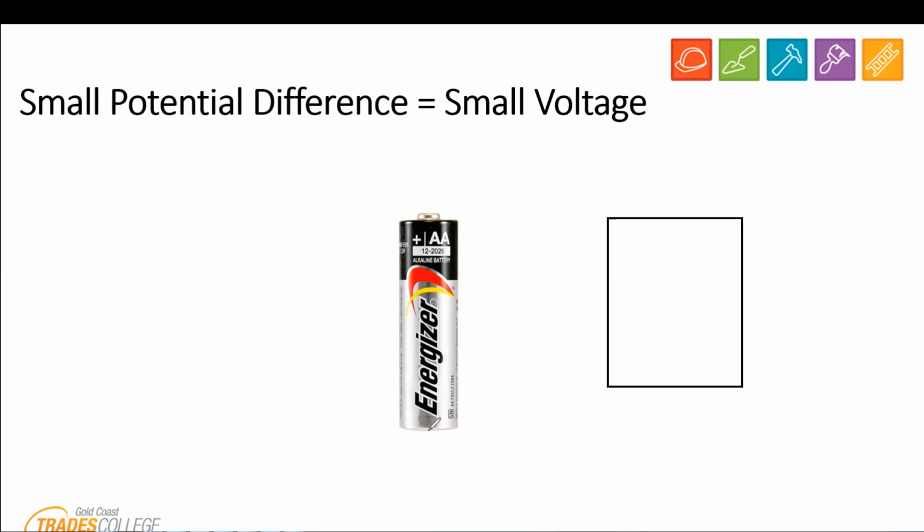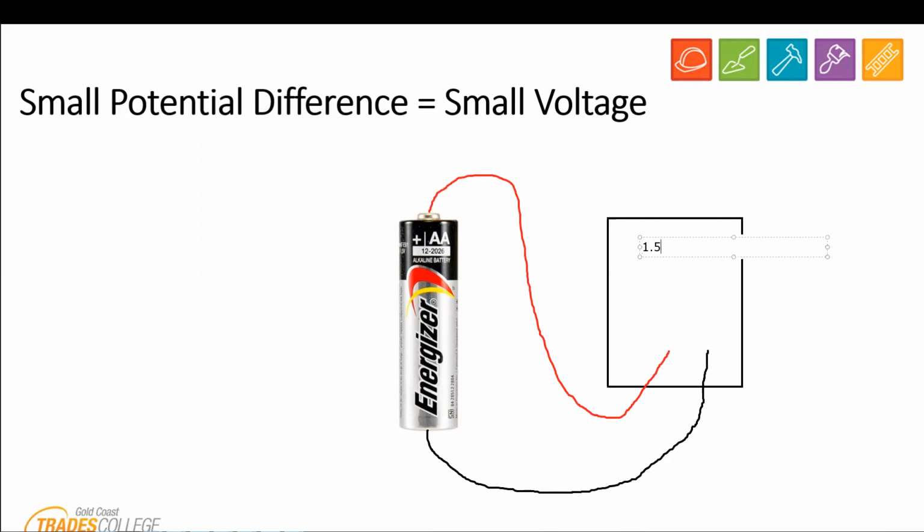To get our polarity correct, which is our plus and minus, our black lead goes to the negative, and our red lead will go to the top. Our tester here will show 1.5 volts of potential difference if it's a brand new healthy battery.